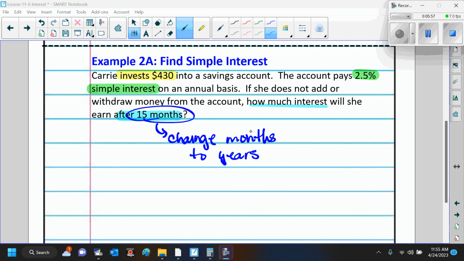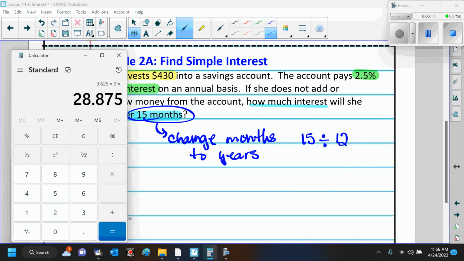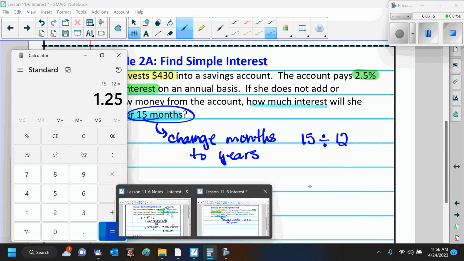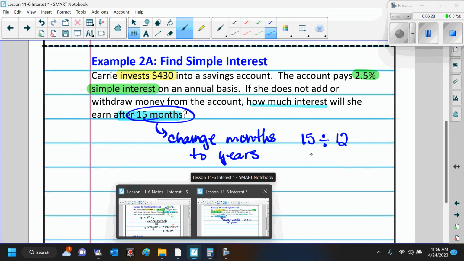All right, so in order to change this to years, we're going to take that 15 months and divide by 12 because there's 12 months in a year. Is everybody with me? So 15 divided by 12 gives me 1.25. So this is going to be 1.25 years.